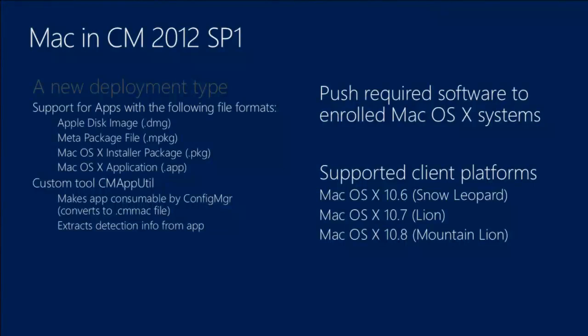We also support settings management, which isn't on here, inventory, and a few other features that are traditional in the Config Manager portfolio. We also have a utility to complete the packaging process, which Config Manager isn't capable of itself just because we're a Windows platform. We need to take the file that gets created for the actual Mac, and use a utility that we ship to, in essence, wrap it.